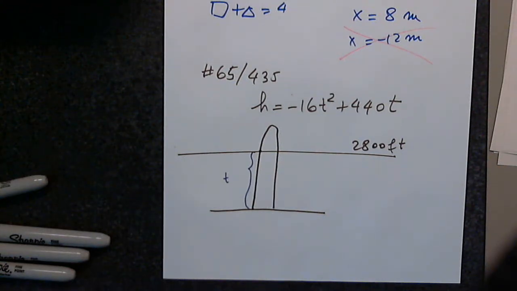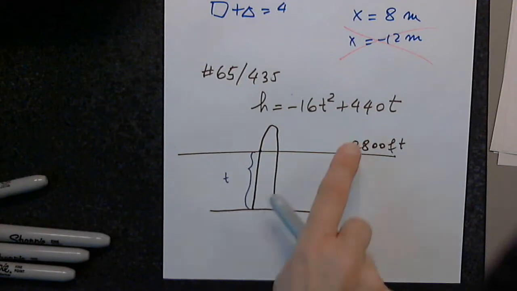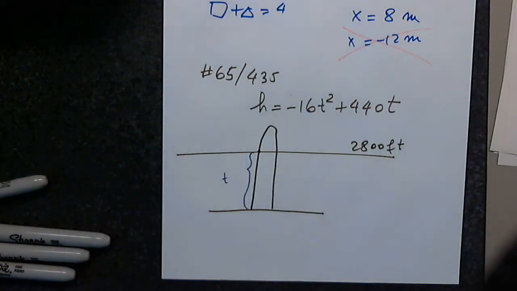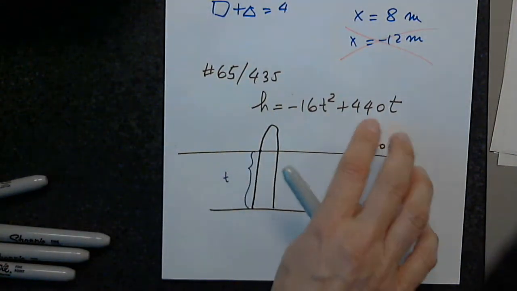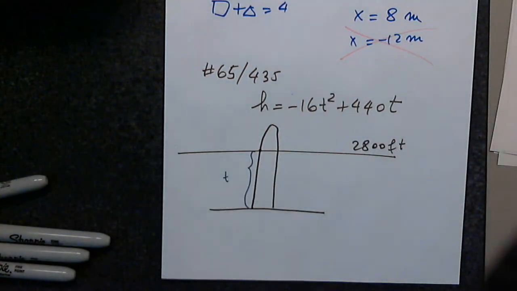Can you read the question again? Yes, of course. So a rocket is fired from the ground with an initial velocity of 440 feet per second. Its height h after t seconds. Its height after any second, second 1, second 2, second 3, this is the height, is given by the equation negative 16t squared plus 440t.